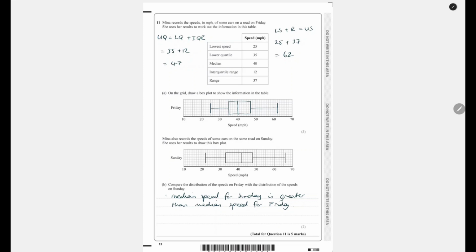So that's one point. Another point is the range of speeds, or the interquartile range, for Friday is smaller than range of speeds, or the interquartile range, for Sunday.